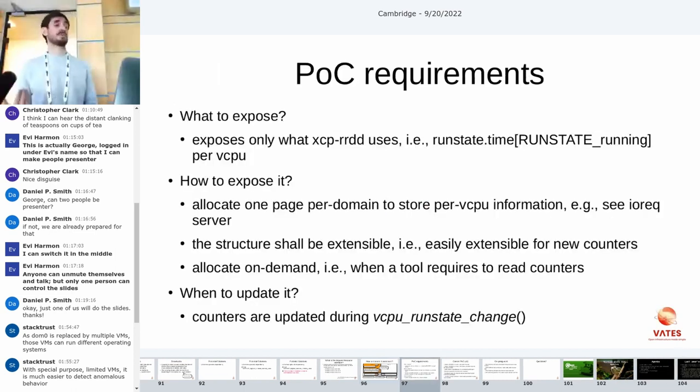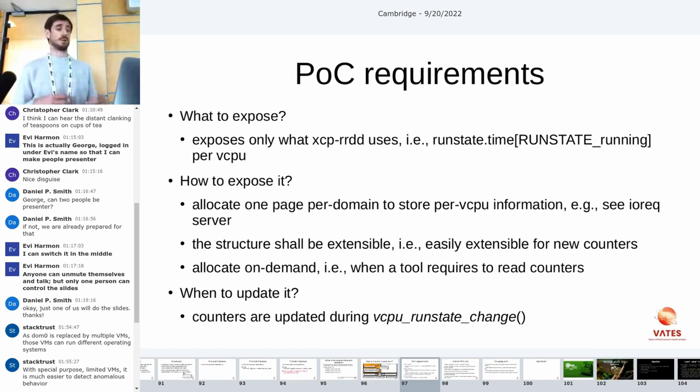So we have some sort of minimal requirement for the proof of concept that we wanted to do. What we said is, let's just expose what is required for xcp-rrdd for the moment. Maybe there will be other counters in the future, but let's just focus on this. Then the second question was how to expose it. I had several interesting discussions on the Xen devel mailing list, because my first option was not really good.